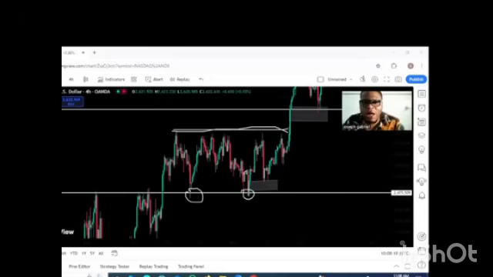If you're a swing trader, you want to be holding a trade even if you have a pullback, because you already know the target and where the market is heading to, you can hold your losses based on your own risk.